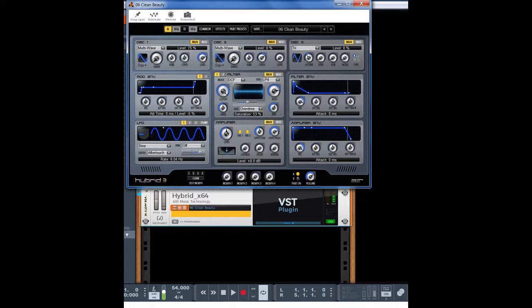Okay, and again, this is by AIR Music. It's an AIR Music synth, and it works wonderful in Reason. As you can see, I got it in my rack. And that's it.